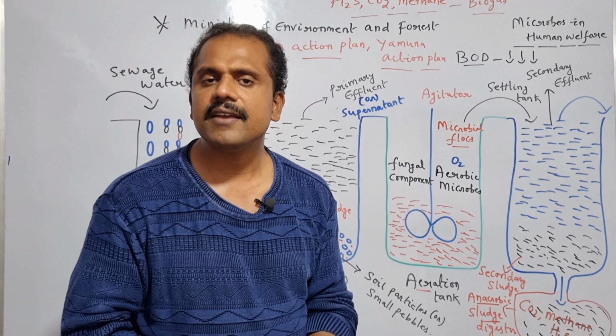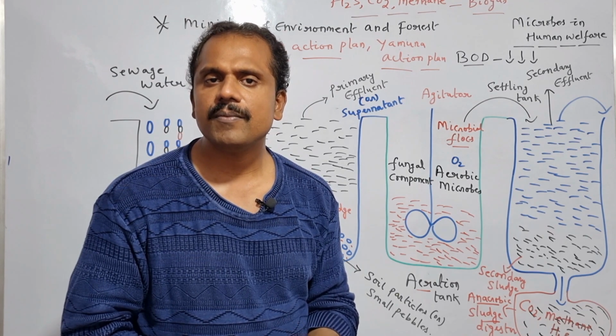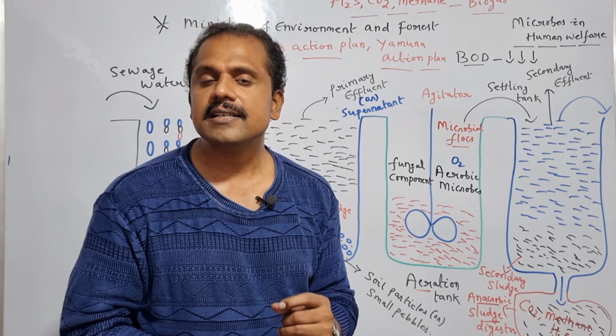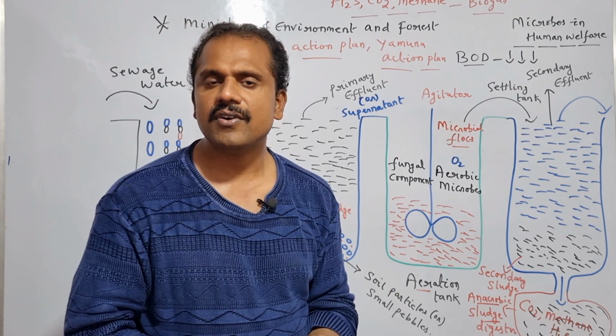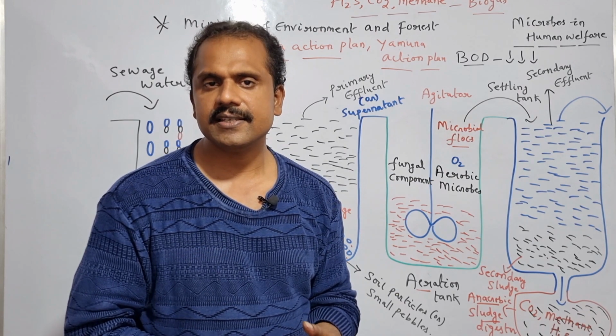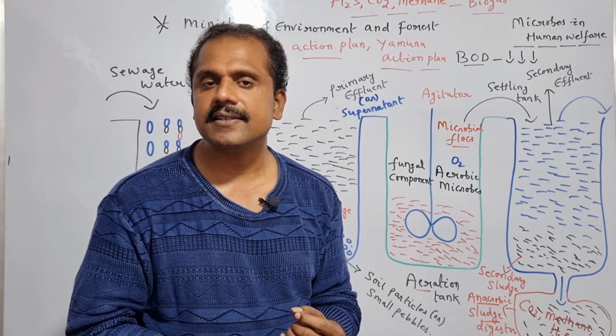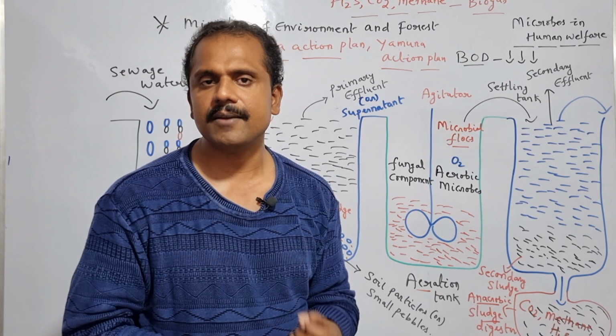And as we are all aware, day by day urbanization and globalization are in progress. Because of urbanization and globalization, accumulation of wastewater is taking place in cities and towns. And on the other side, the establishment of sewage water treatment plants is not in progress.